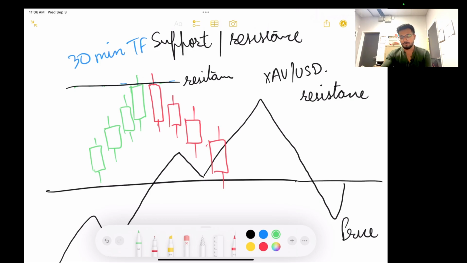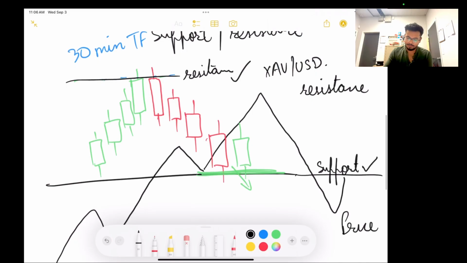Yes, so after forming a bearish candle, let's say it forms a bullish candle right here. This, my friend, will be your support, which means price, when it was trying to go down, couldn't go any further, and buyers kicked in right here and took support. Now this will be our support. This right here will be our resistance, our support. So this is the basic concept of support and resistance.